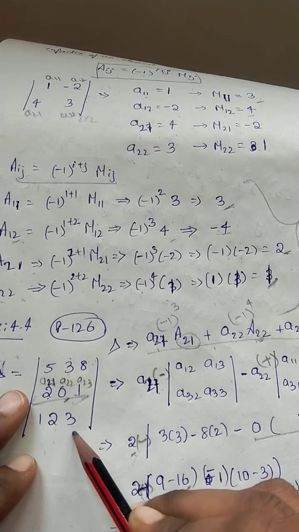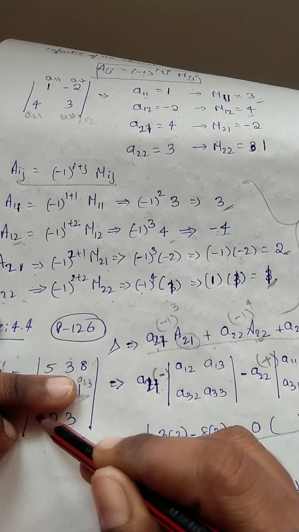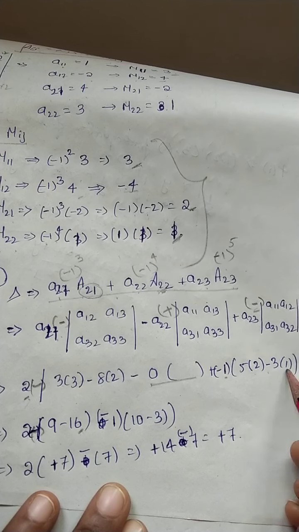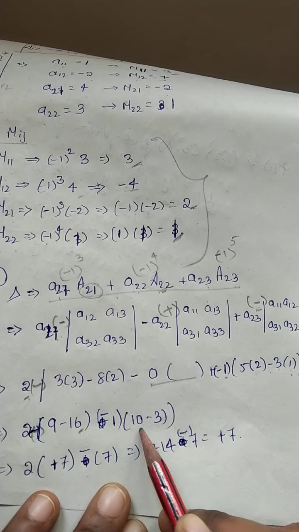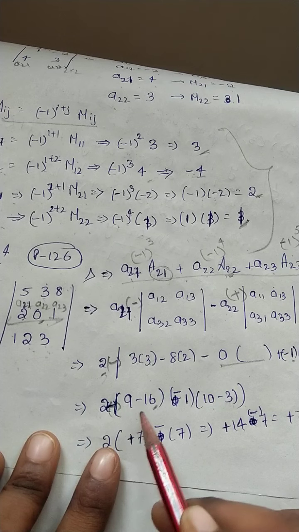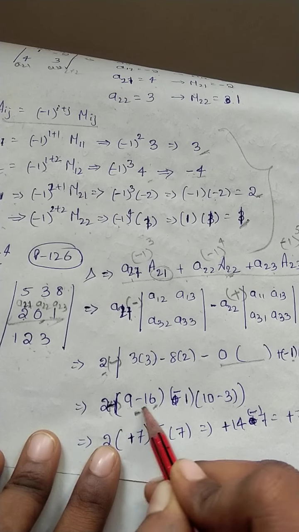Now eliminate that row and that column. 5 2s are 10, minus 1 3s are 3. Now 2 into 9 minus 16, and 9 minus 16 is minus 7.